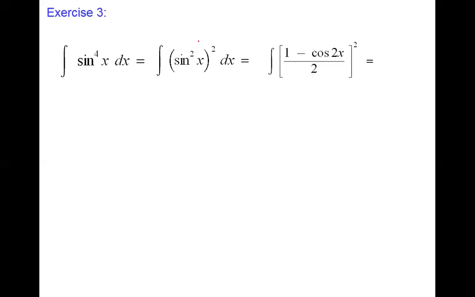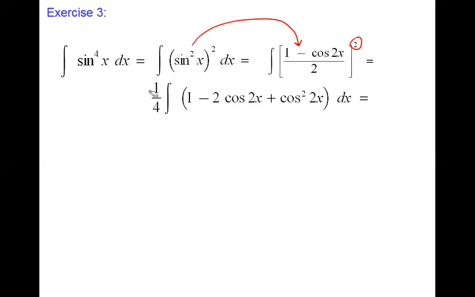I will put the half angle formula, and I still have to remember about this. 1/2 in the denominator, squared will be 1/4. That means I'm taking 1/4 in front of the integral. And having 1 minus cosine of 2x squared, I did FOIL this, which is 1 minus cosine of 2x.